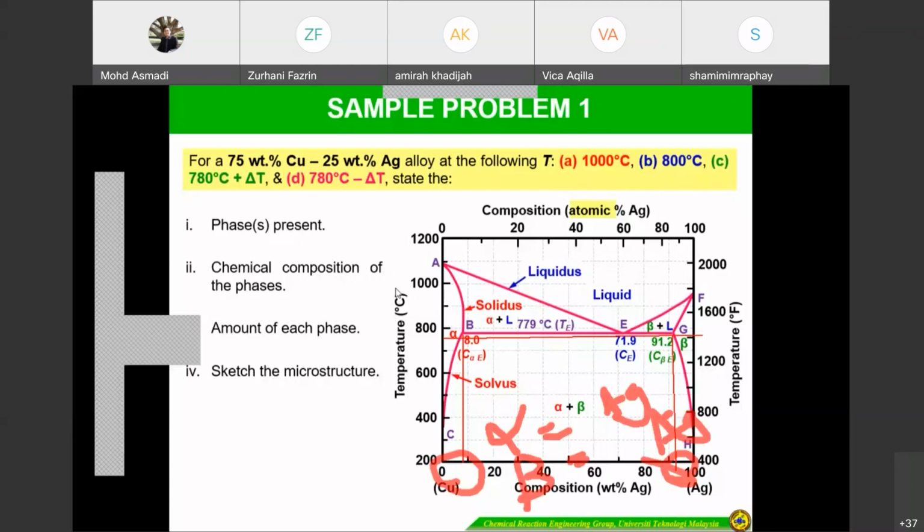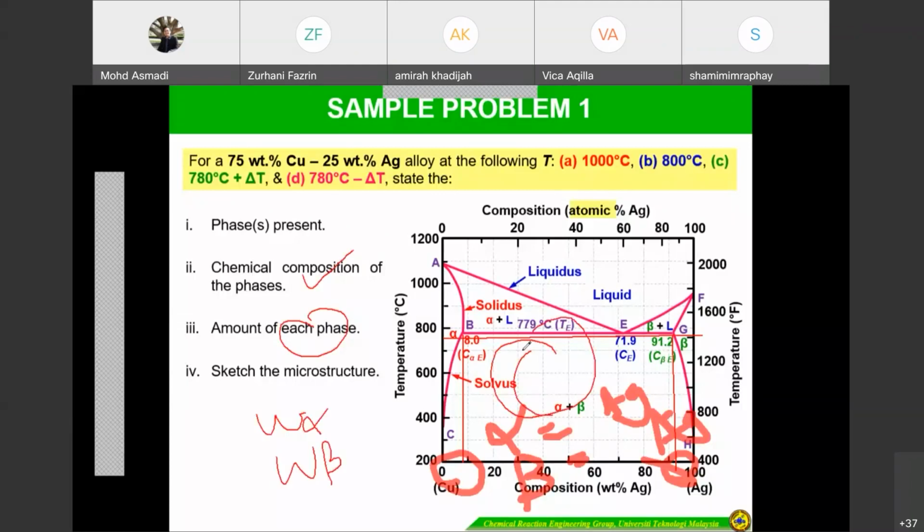Okay. So this one is alpha and beta here, composition. Phase W alpha and W beta. Okay, for the microstructure development for this one, you have to draw like this.